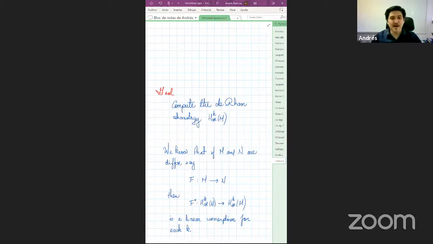Okay, but now the concept of two manifolds being diffeomorphic is very strong. It is very strong to restrict only to diffeomorphic manifolds. There is a weaker notion between manifolds that guarantees the same conclusion.